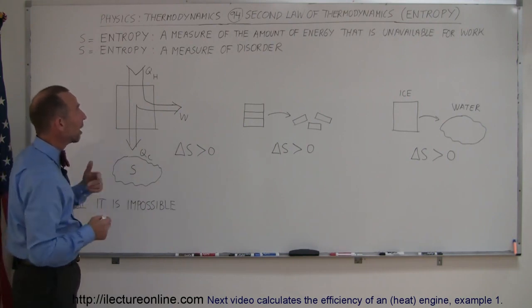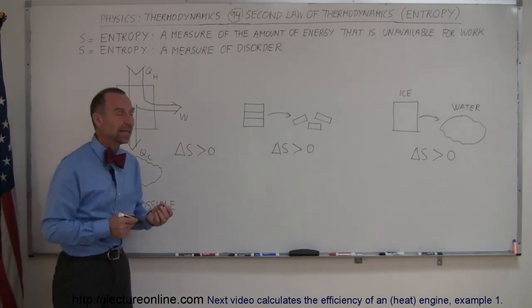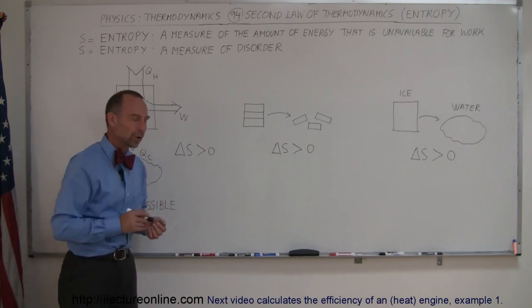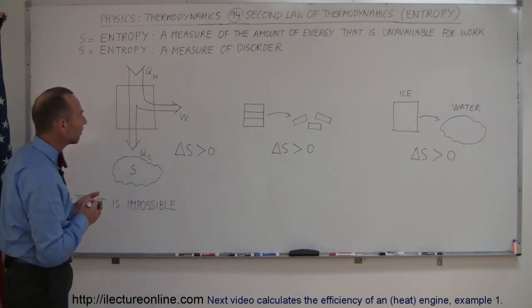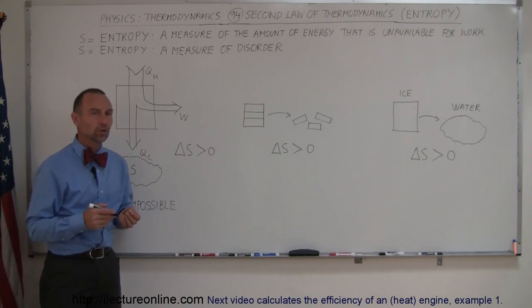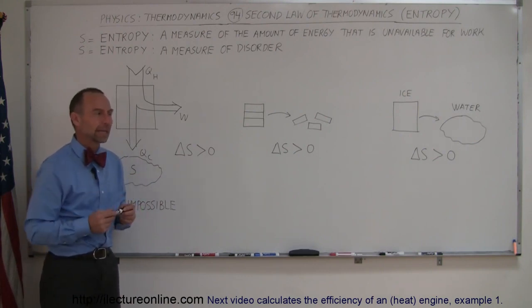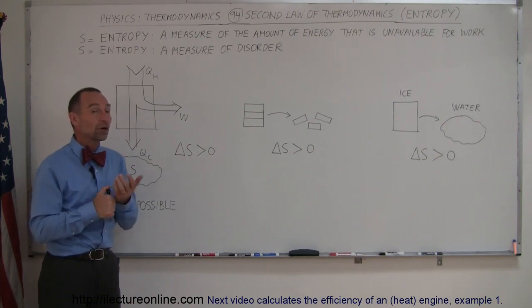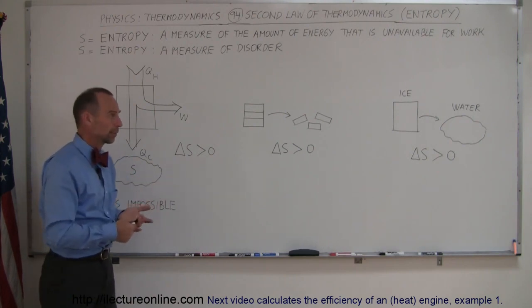One of them is a measure of the amount of energy that is unavailable for work. The other one says it's a measure of disorder. So it's a measure of something, and it's usually a measure of how much energy is no longer available in the universe to do work.